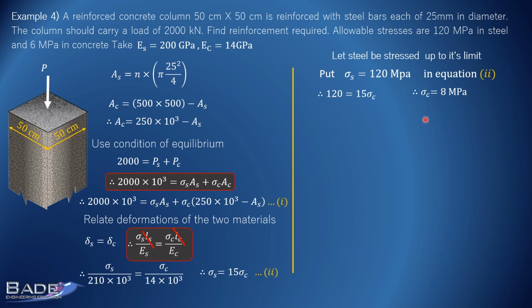So that means we cannot allow stress in steel of 120 megapascal even if it is safe for steel. 120 megapascal stress is allowed in steel. But it is not steel alone involved here. There is concrete also with steel, and if stress in steel is 120, stress in concrete crosses the limit.